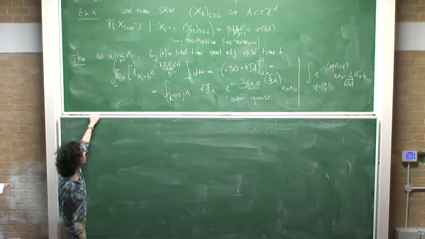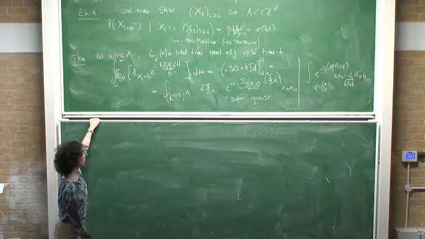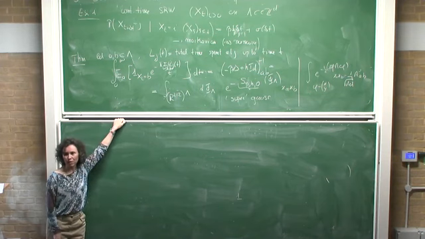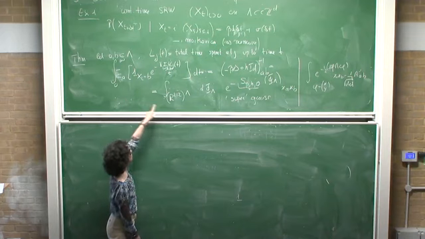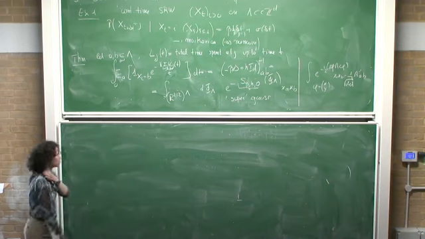Now, if I consider the 2-point function for the weakly self-avoiding random walk, here I have exactly the same expression, but I have to add a small repulsive term.